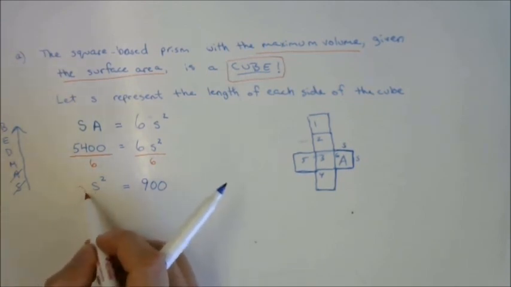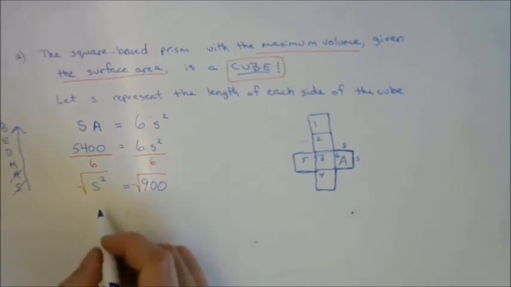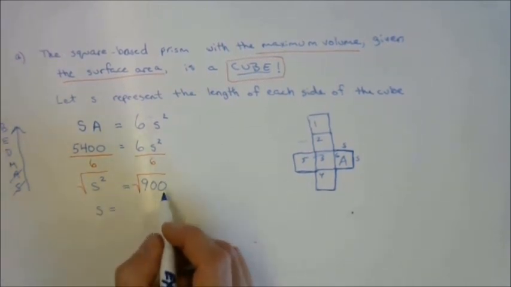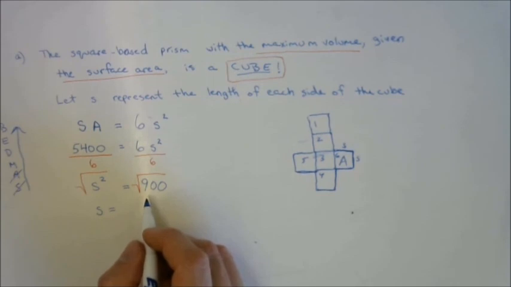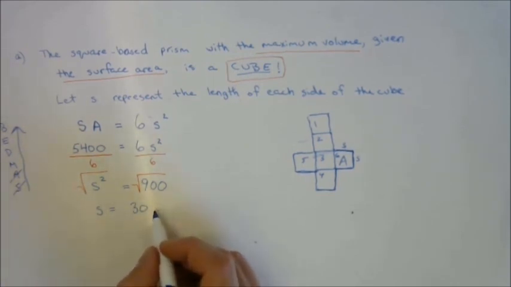Now I want to get S, so I take the square root of both sides. Square root of 900 you can do in your head. 30. And we're dealing with centimeters here.